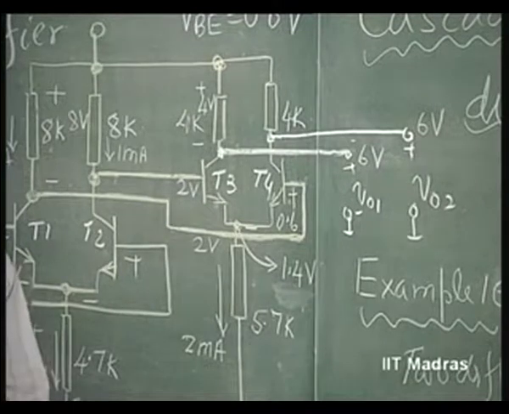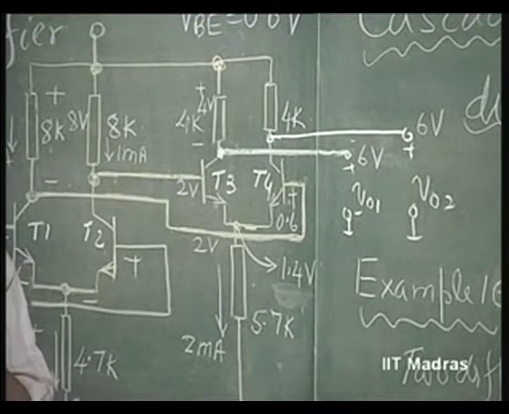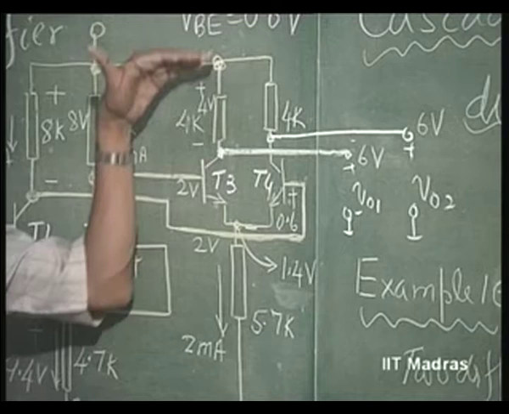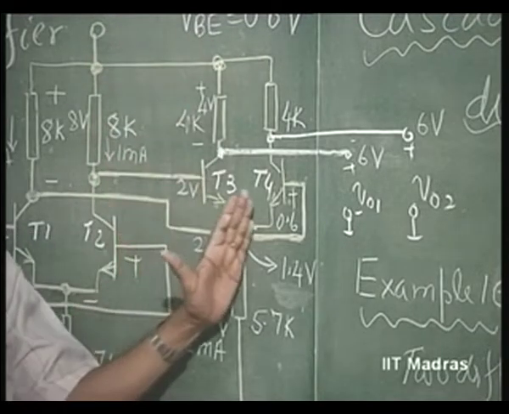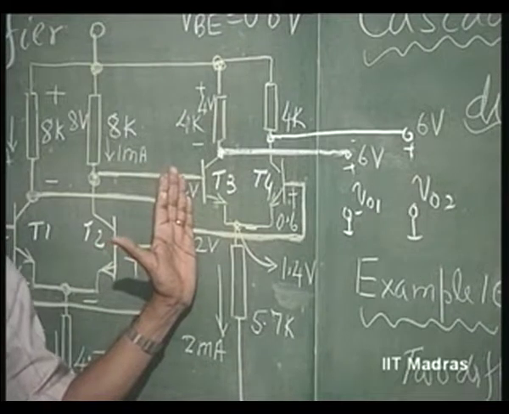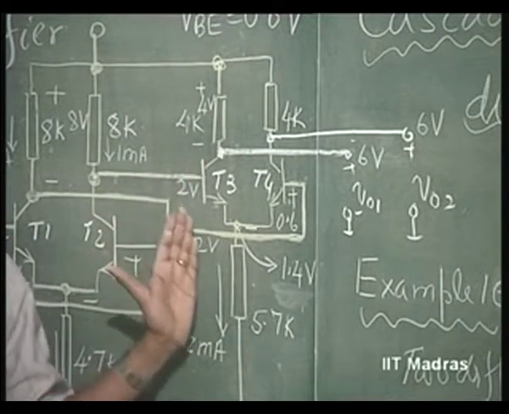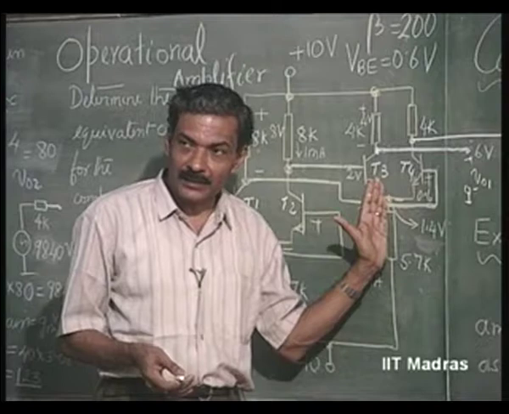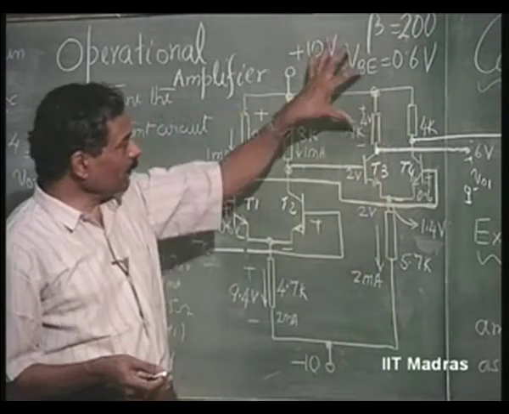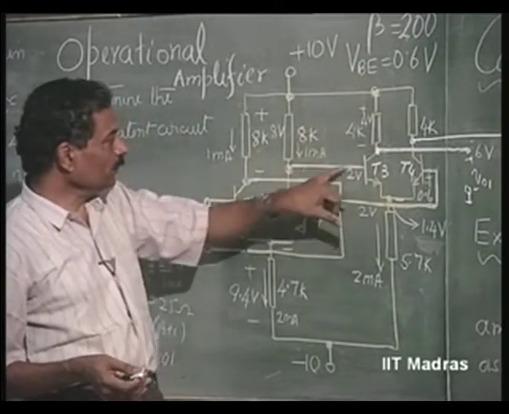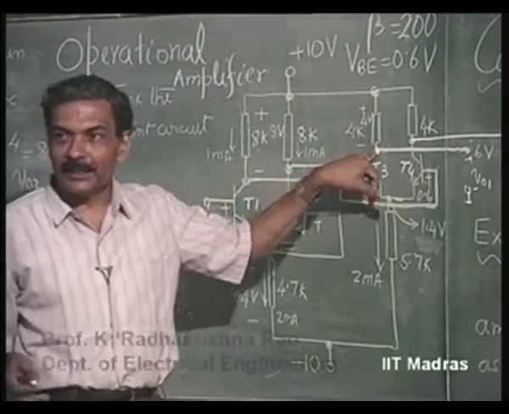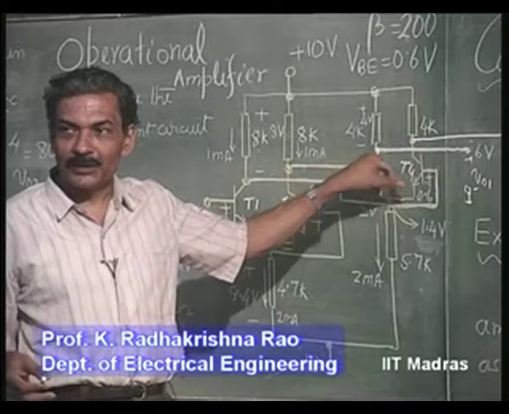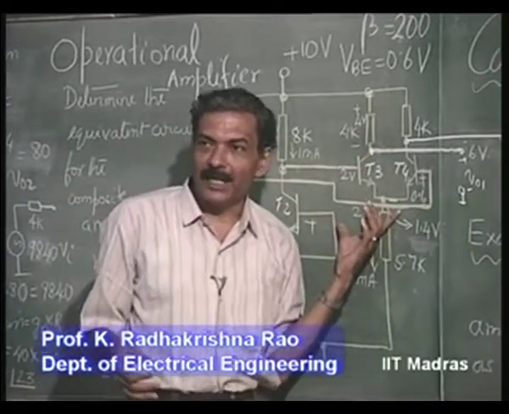Now, is it possible to have 8 volts output swing? One side it is possible because it can go to off state. On the other side, when it goes to complete switching of 2 milliamperes, this transistor should not go to saturation. That is the condition. When you have 2 milliamperes and you have 8 volts, this potential goes to 2 volts, just entering the saturation. This has therefore been optimally designed.